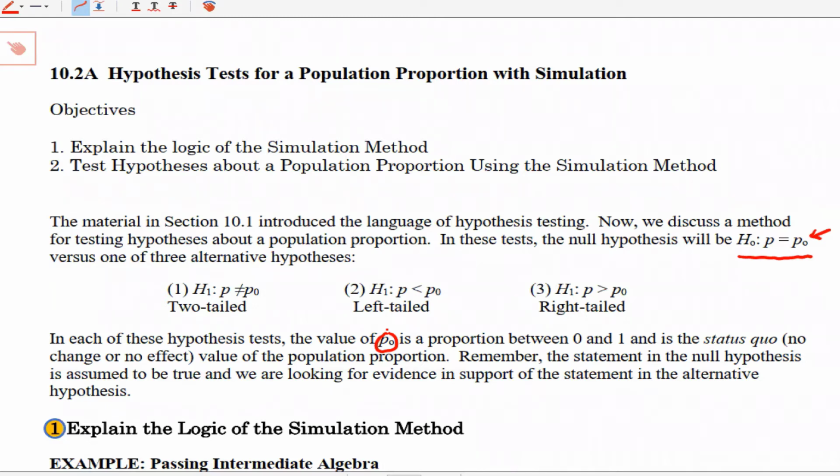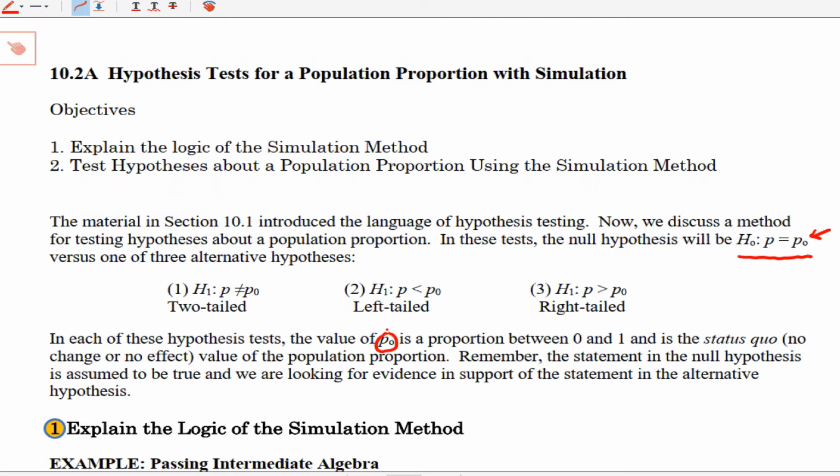Whenever we do any kind of hypothesis testing, it's super important that you understand that the statement in the null hypothesis is always assumed to be true, and we're looking for evidence in support of the statement in the alternative hypothesis. So this again falls back on that analogy of the court system.